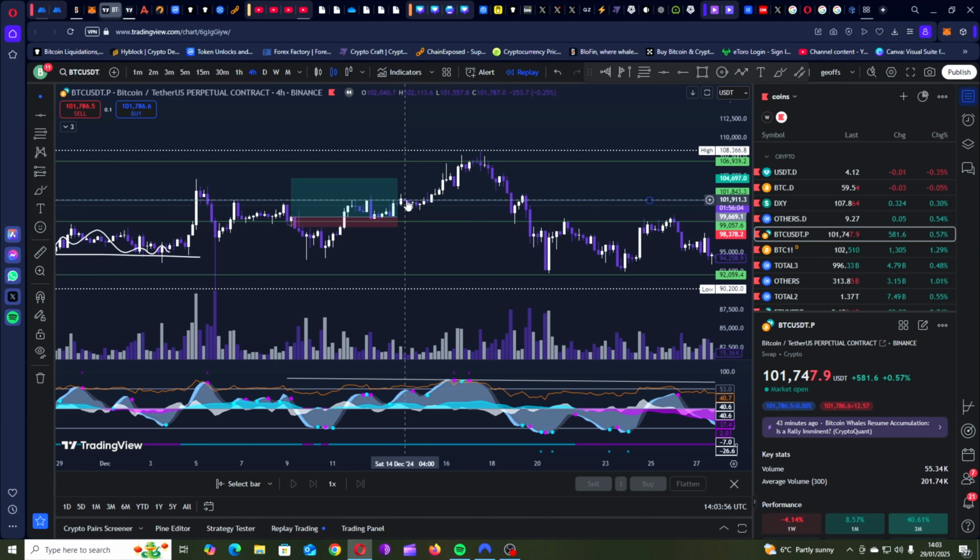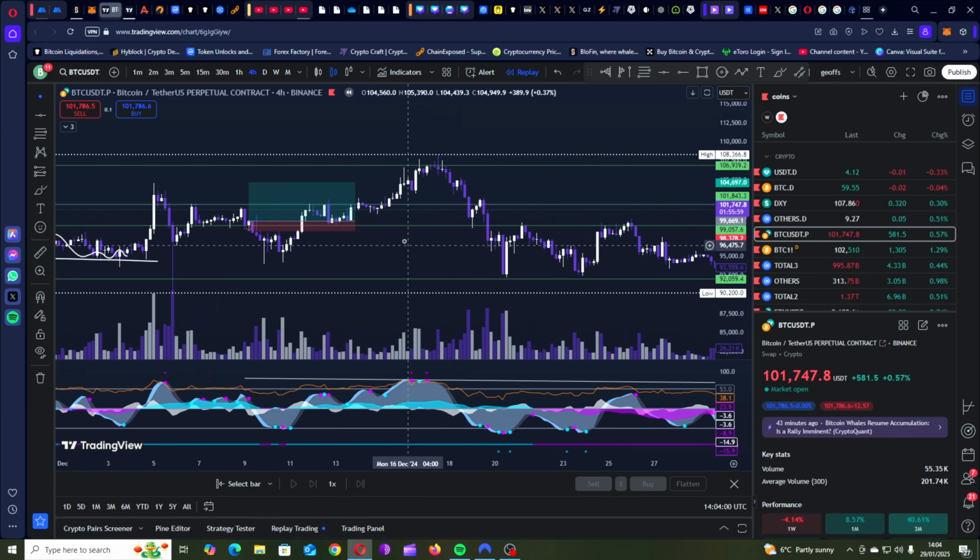High level structure, resistance, support, whatever. It came down, but look at the volume. Low bear volume, low bear volume, high bullish volume, low bear volume, low bull, high bear, low bull, but broke structure, high bull, high bull, high bull. Bam, bam, bam. And it went up.